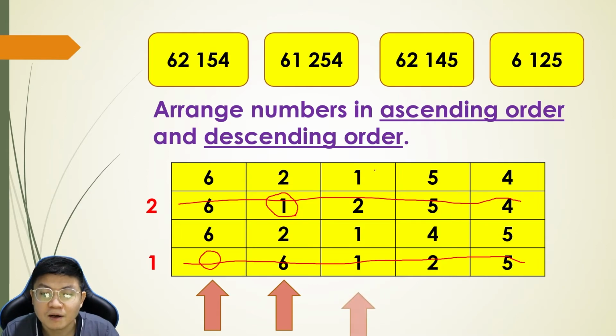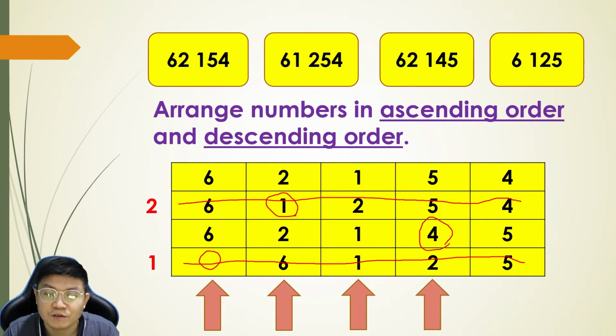Okay, now next, as you compare 1 and 1, same. Next, 4 and 5. Definitely 4 is smaller. So when 4 is smaller, then I label this as the third number. And the last one should be the fourth. I label 1, 2, 3, 4 for me to identify which I need to write first, second, third, and fourth, right?